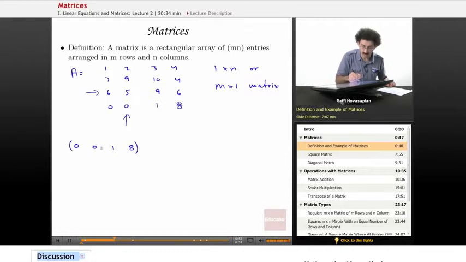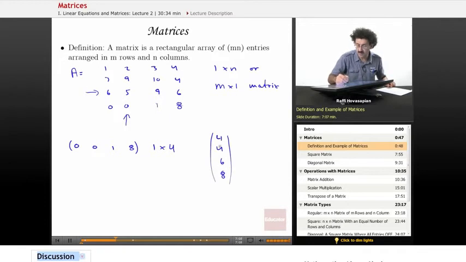This is 1 by n, in this particular case 1 by 4, or if I take, let's say, 4, 4, 6, 8, this is a 4 by 1.